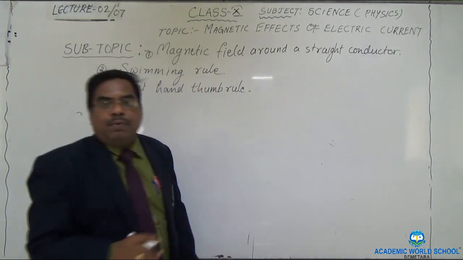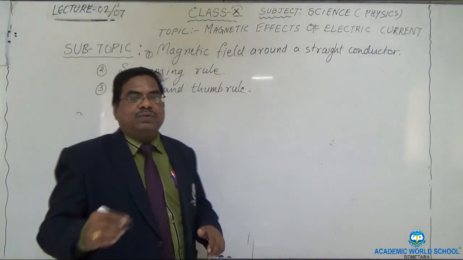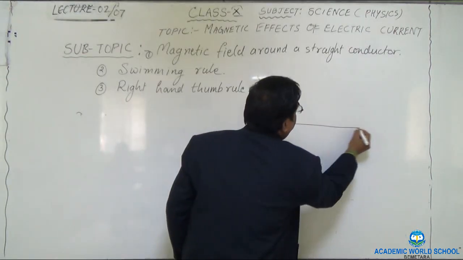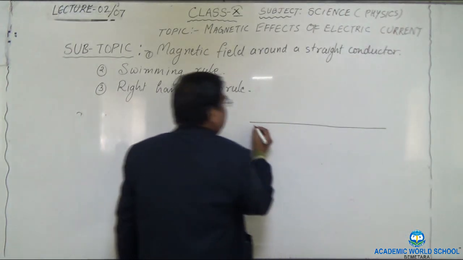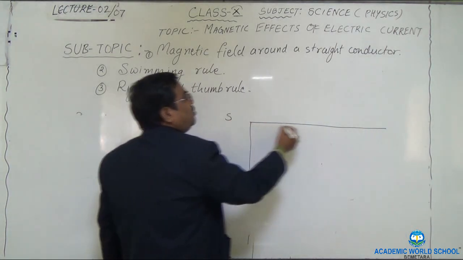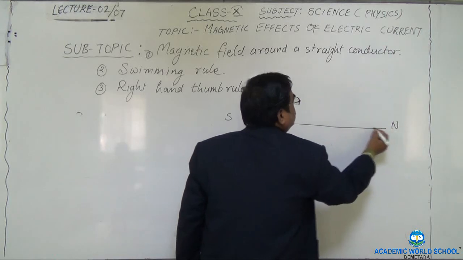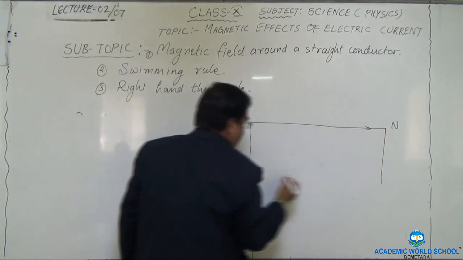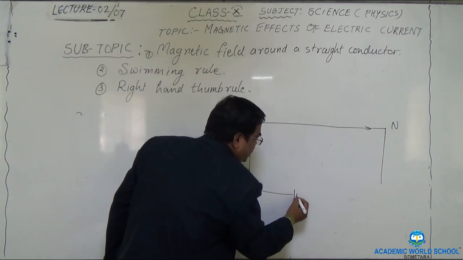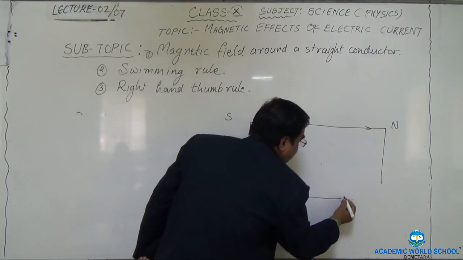So now I am making arrangement of the experiment. Say this is a wire, and in this wire current is flowing from south to north. This is south to north direction current.